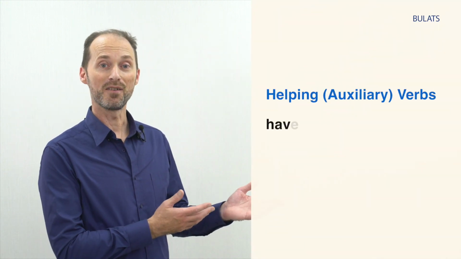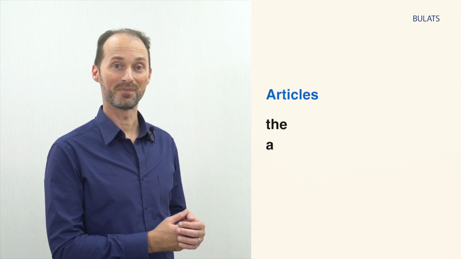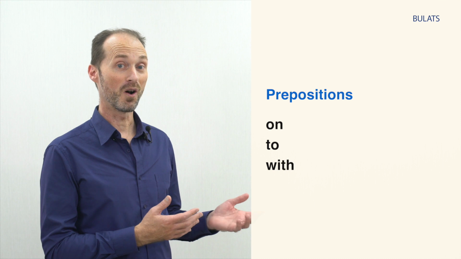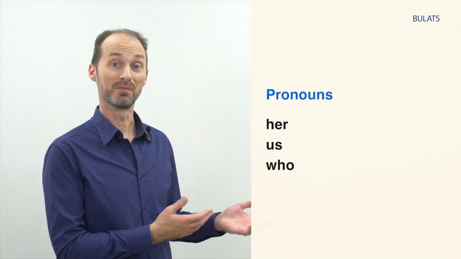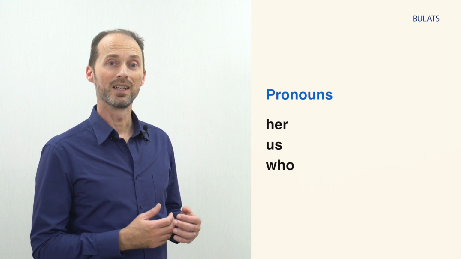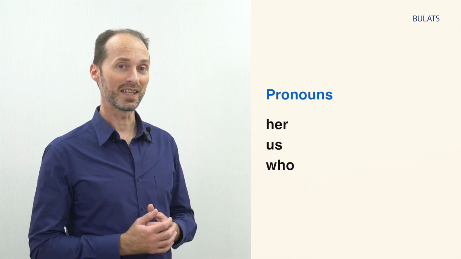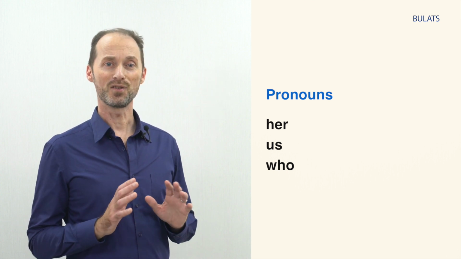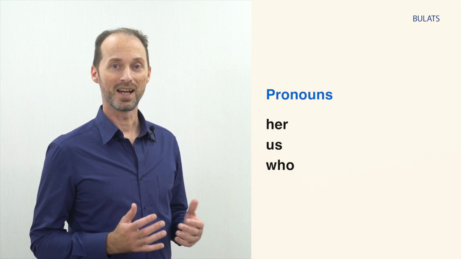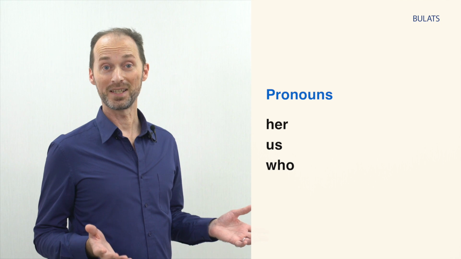These are words like helping verbs, have, be or do, articles, a or the, prepositions, on, to, with, and pronouns, her, us or who. We sometimes think of grammar and vocabulary being very different things, but in fact there's no clear line between them. After all, grammar is words.